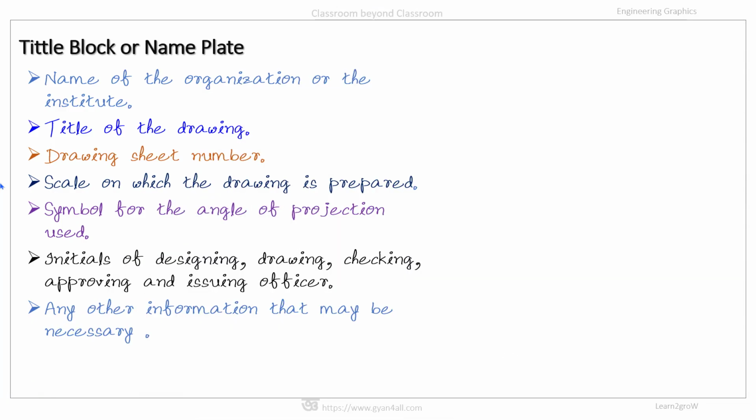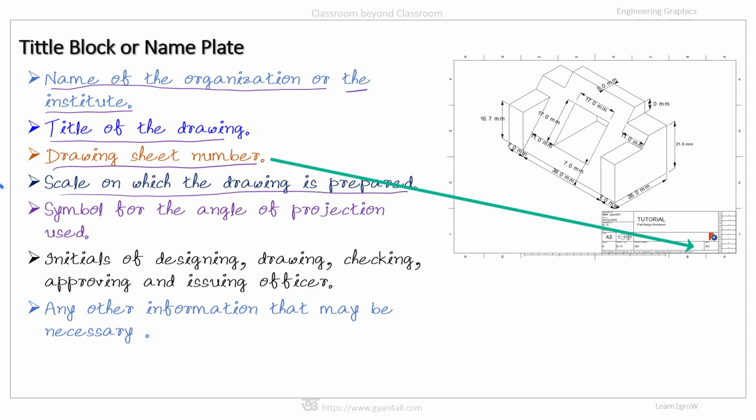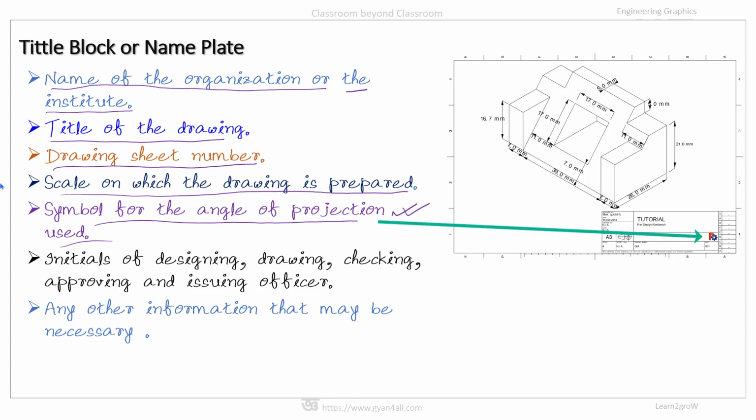The title block or nameplate, which is located at the bottom right hand corner, should contain this information: name of the organization, it may be the name of the institute also, the title of the drawing, and drawing sheet number, scale on which the drawing is prepared, symbol for the angle of projection that we will discuss later, the first angle or third angle projection, initials of designing and issuing officers or authority, and any other information.